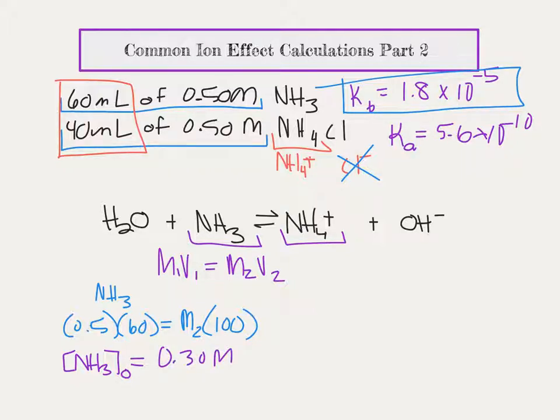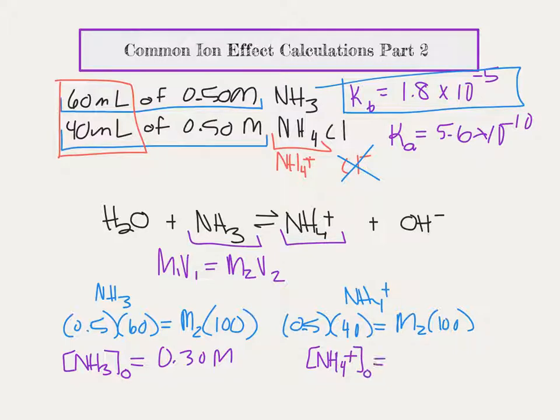Okay, now the ammonium ion. That one also starts at 0.5 molarity, but there's 40 milliliters of it instead. Okay, so when you do the math for that guy, the starting concentration of NH4+ is 0.2 molarity.